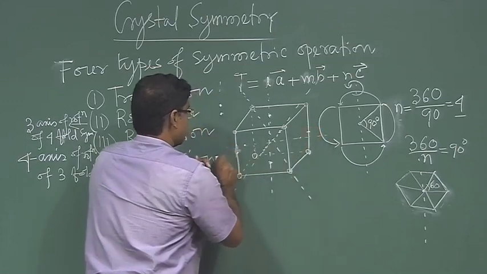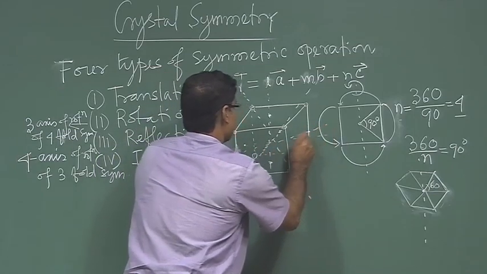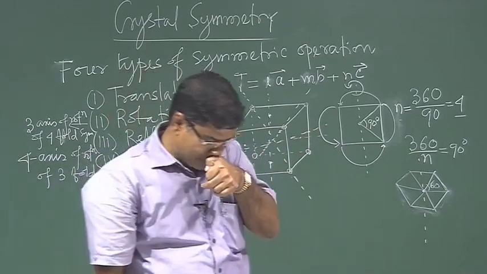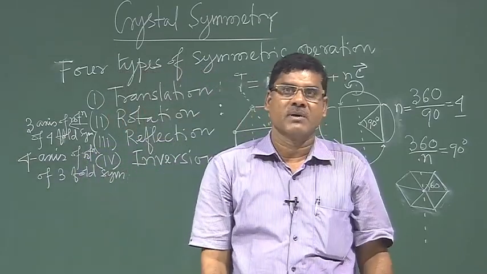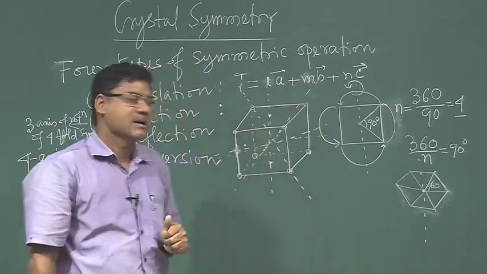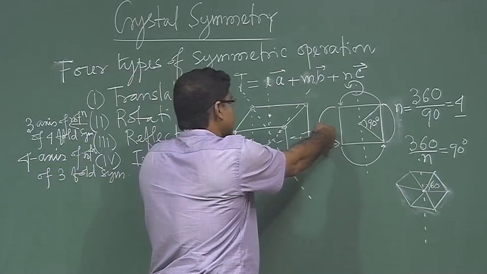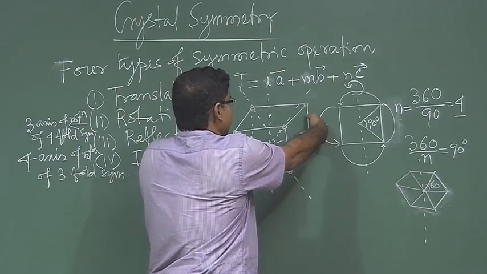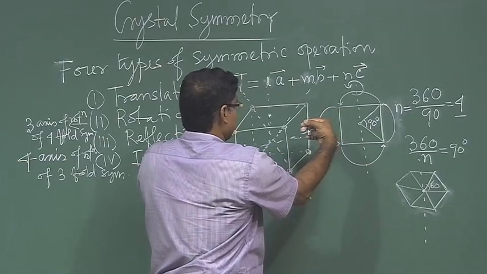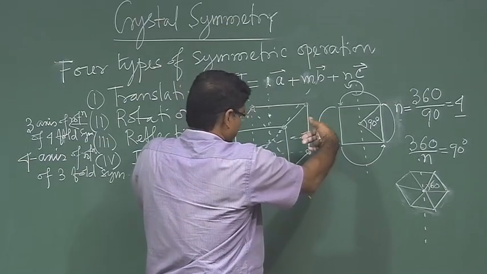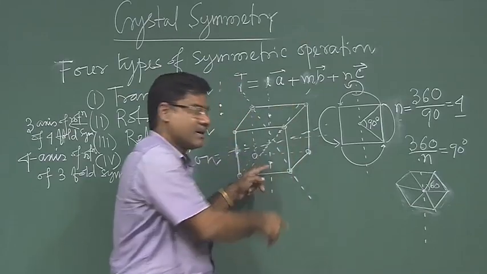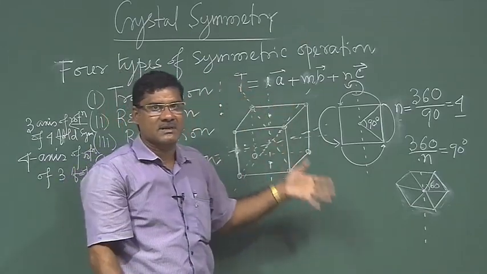If you take the axis through the middle, you will get another rotational axis. Now, with this rotational axis, if you rotate by 90 degrees, you will not get the same configuration, but if you rotate by 180 degrees, this face will come down and this will come up, but both faces are the same.